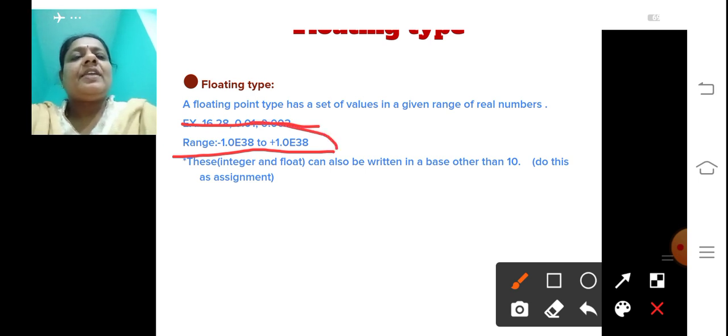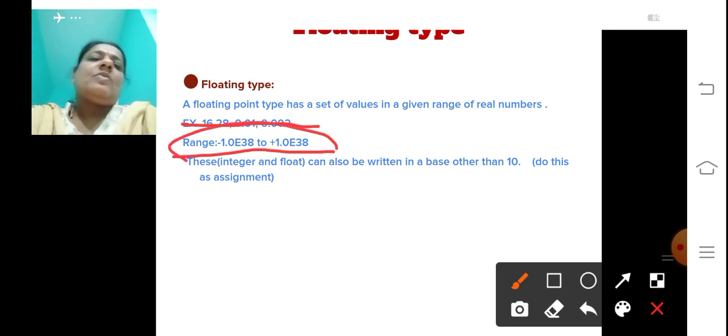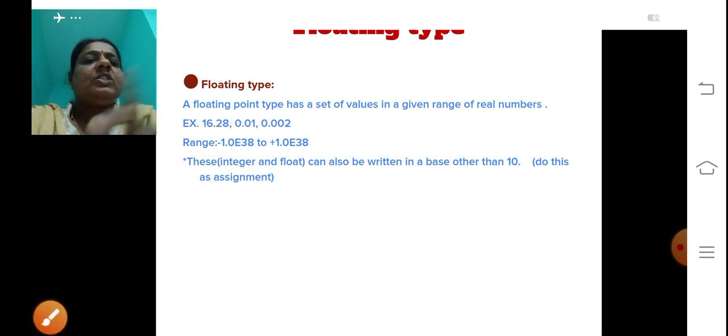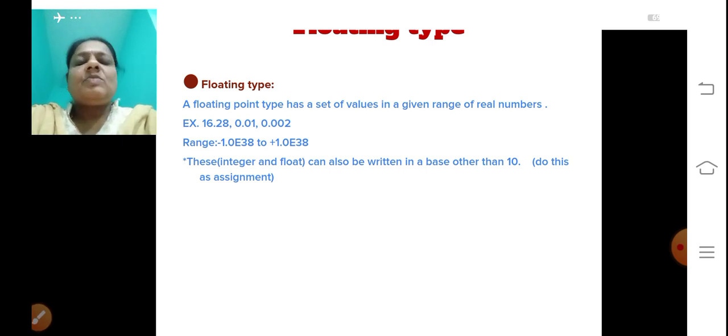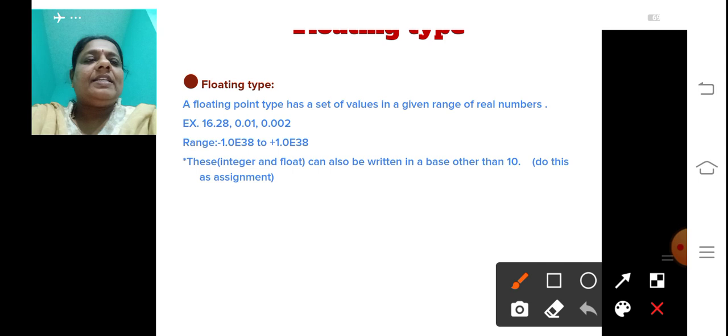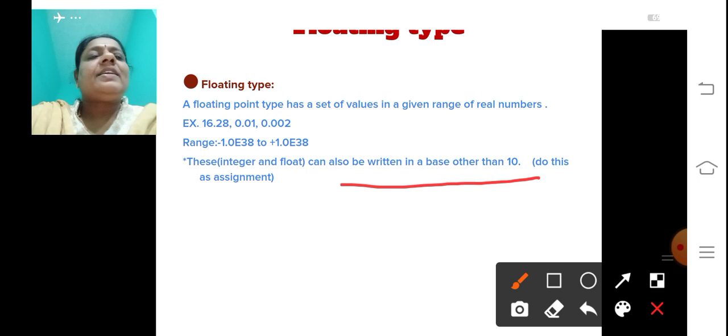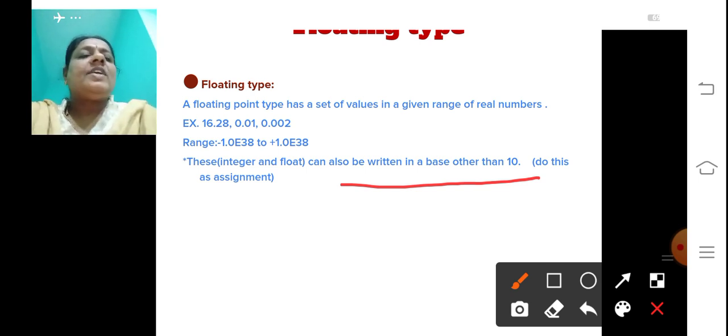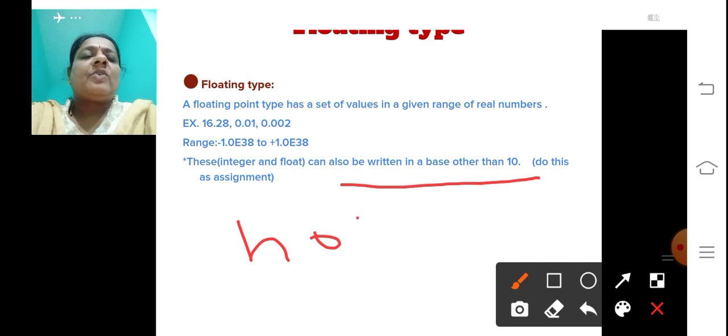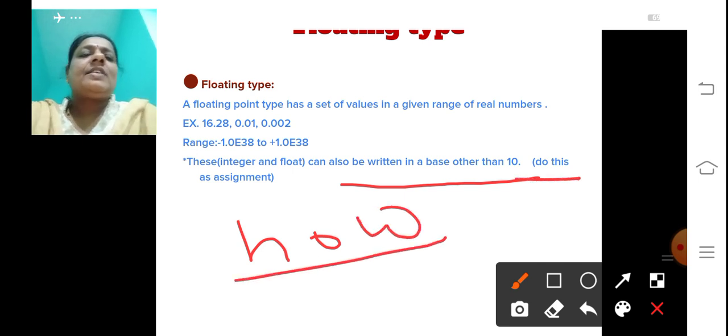This is the range for the floating values. The values belonging to floating point are also called floating literals. The next point is that floating point and integer values can also be written in a base other than 10. How to write them, you have to find out and do as an assignment.